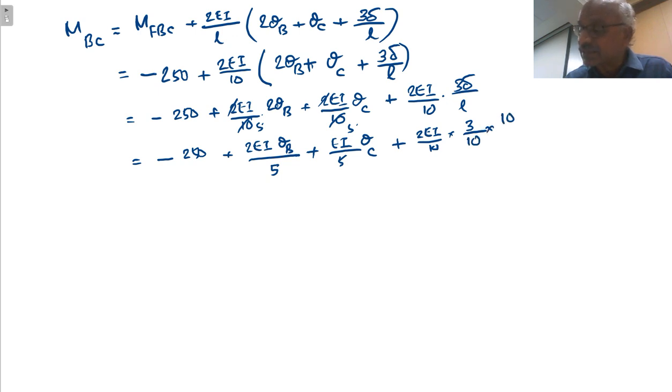Delta net settlement is 1000 by EI. So when you simplify, you will get M BC equal to minus 250 plus 2EI by 5 into theta B plus EI by 5 into theta C plus this term.